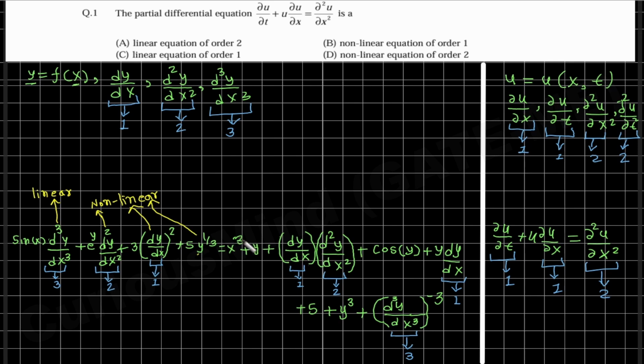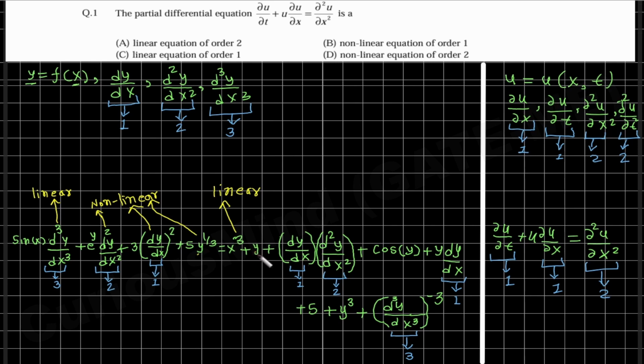All right, now come to the right side of the equality. The first term is x with power 3. Now there is no y or any of its derivatives or any of their functional form. So this term is making this whole differential equation a linear differential equation.